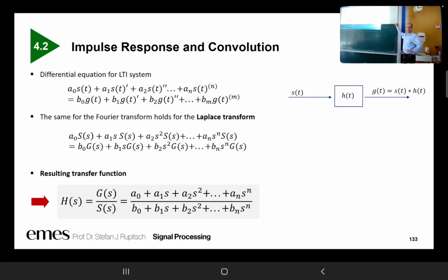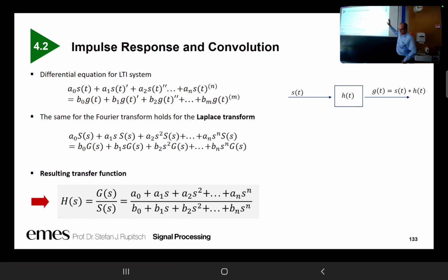We will discuss the Laplace transform a little bit more in detail in a few weeks. The Laplace transform is valid for more signals than the Fourier transform because of this additional parameter, sigma.